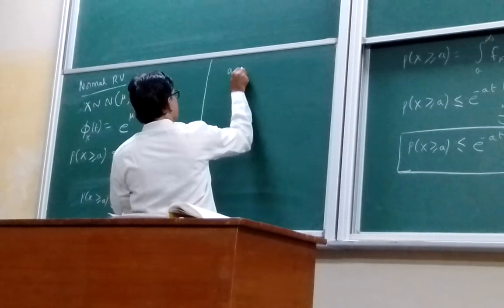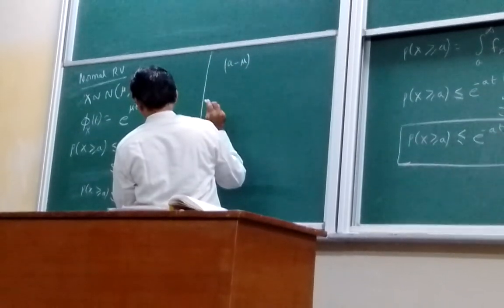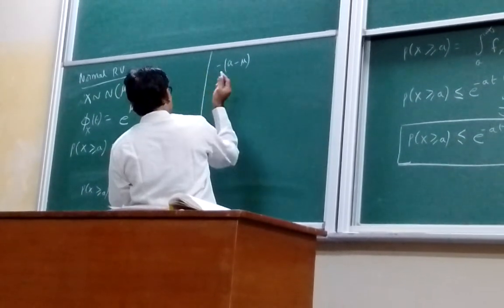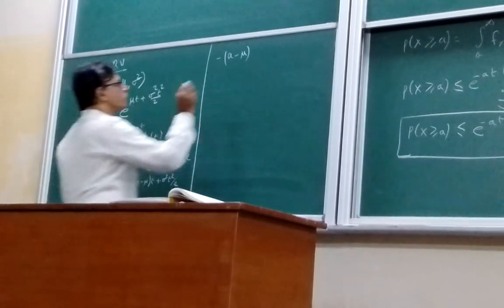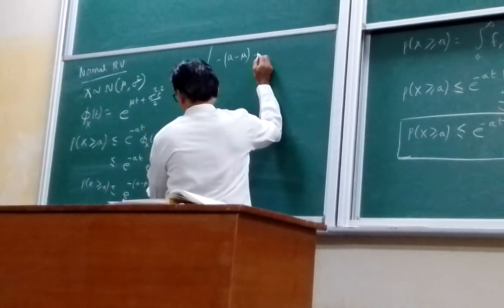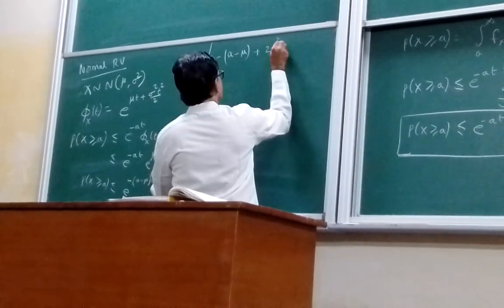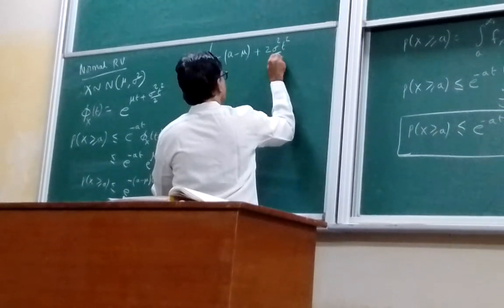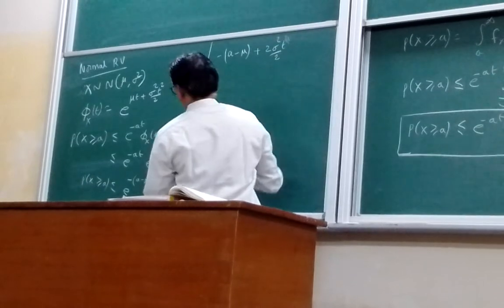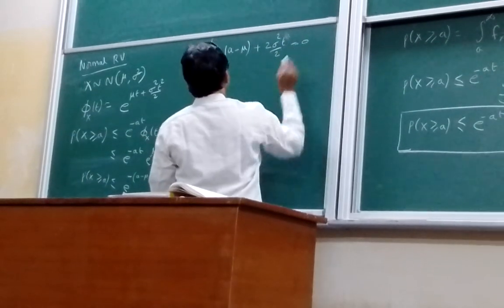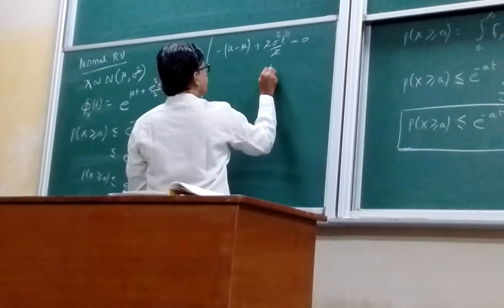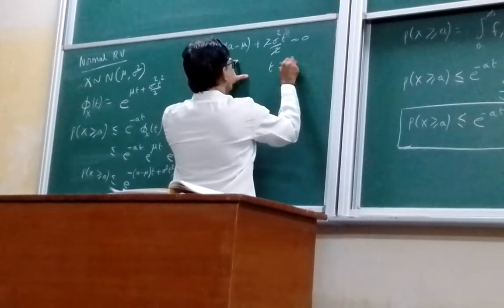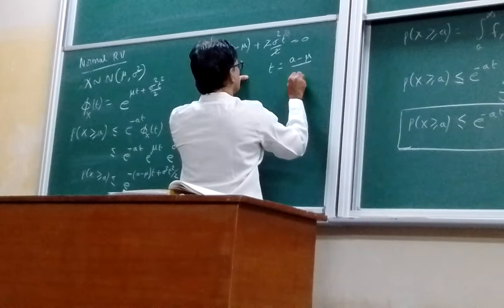This is a minus mu, and with the transposition you can do this. This one is 2 sigma squared t by 2, equal to 0. So what we get is t is equal to a minus mu by sigma squared.